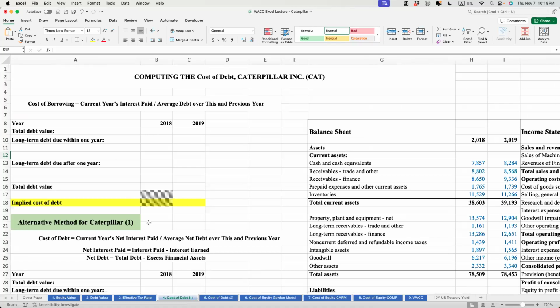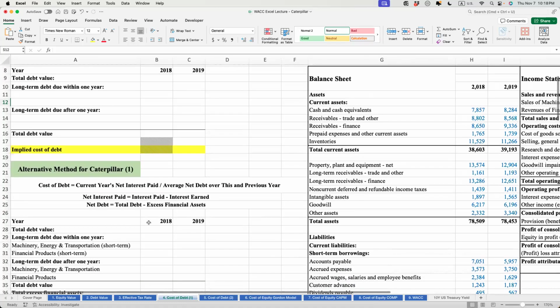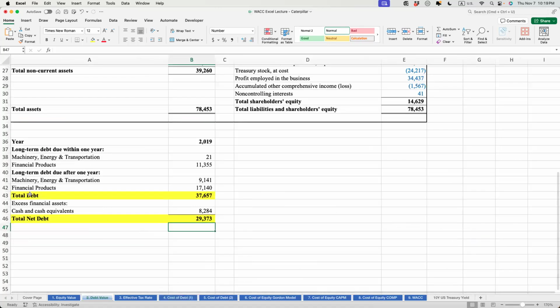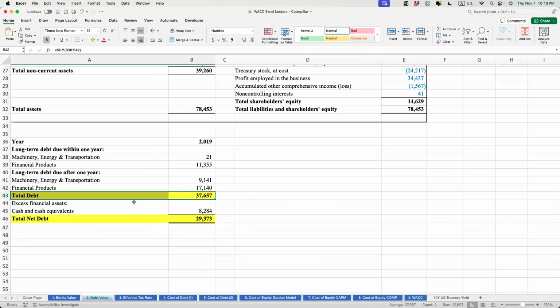And then we move to the next component, which is the cost of debt. So here for cost of debt, at least for our class, I mentioned in class that you have to understand two methods to estimate the cost of debt. It depends on, based on your evaluation or research, whether the company is borrowing money through debt to fund their cash reserve or to fund their business operation. Those are two different scenarios.